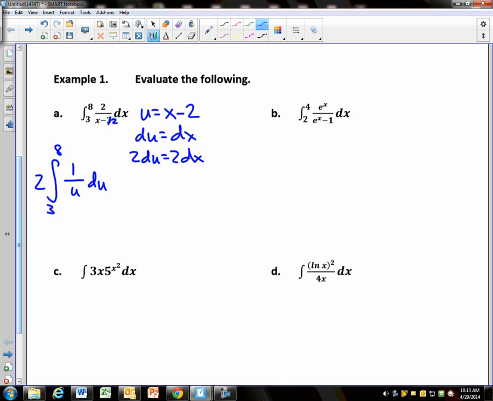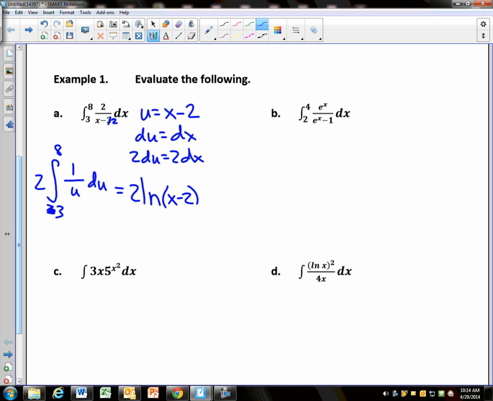What is the integral of 1 over u? Natural log. And I'll plug u back in. U is what? Yep, x minus 2.